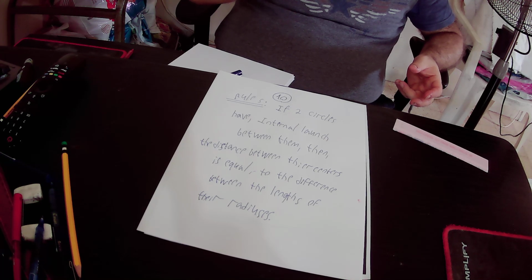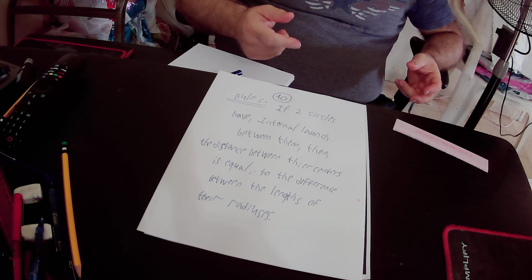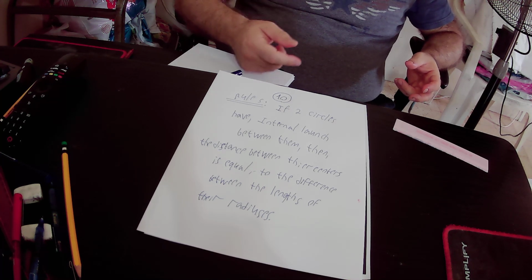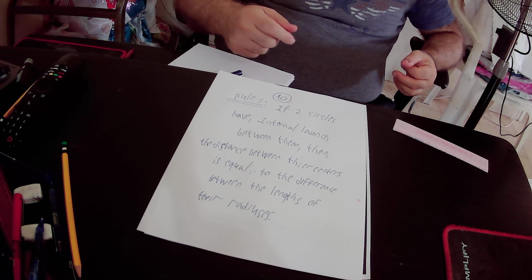So if the distance between their centers is d and their radiuses are r1 and r2, then d will be equal to r1 minus r2.